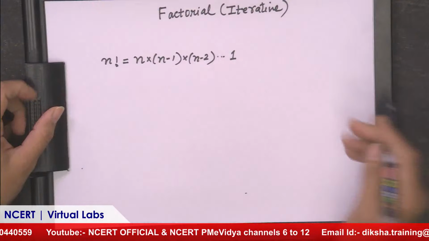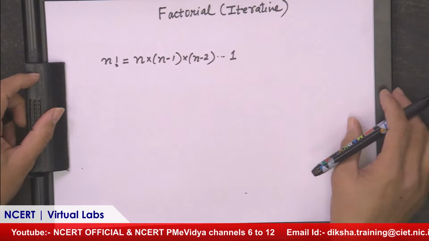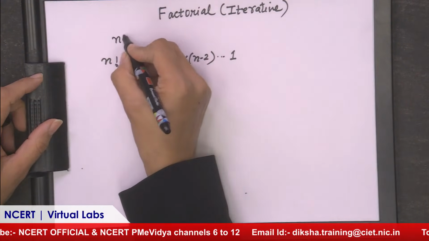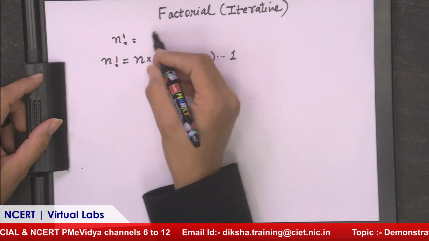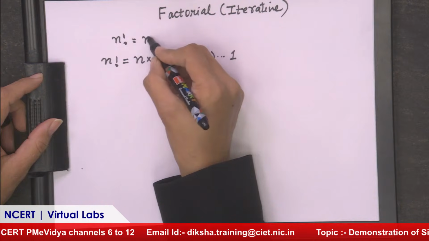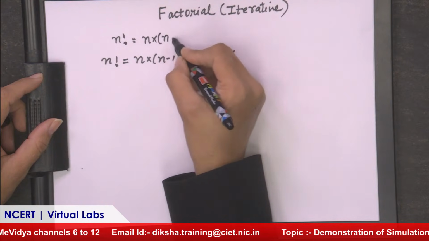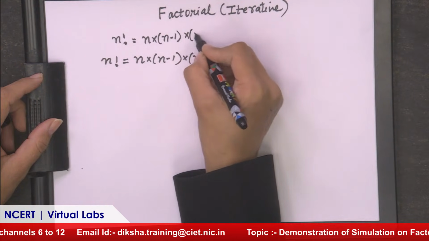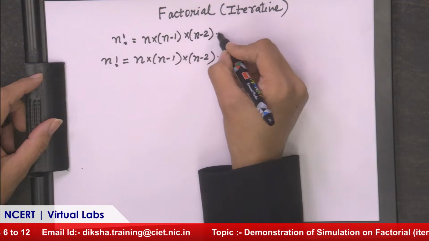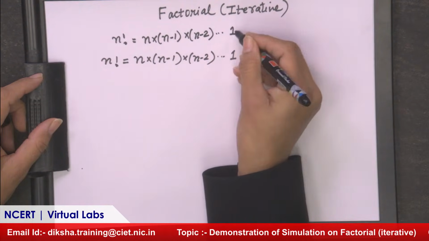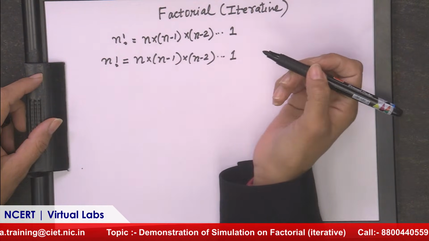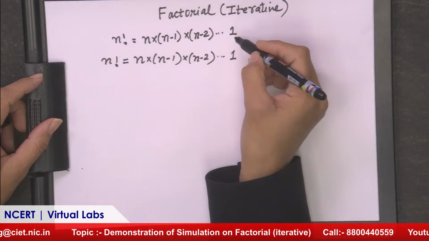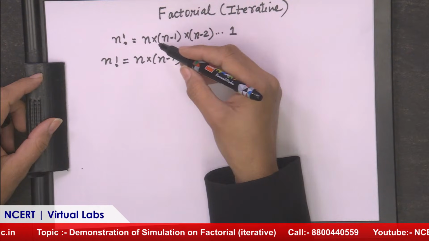First of all, the factorial of any given number, denoted by an exclamation mark, is the product of all the numbers from 1 up to that particular number. Let me also write the formula. We start with 1 and keep on multiplying the numbers until we reach the number itself. The product, ultimately, is the factorial.